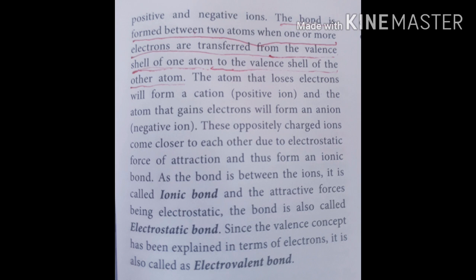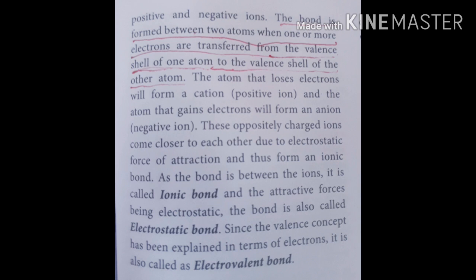So an ionic bond is a chemical bond formed by the electrostatic attraction between positive and negative ions. This bond is formed between two atoms when one or more electrons are transferred from the valence shell of one atom to the valence shell of another atom. Here atom 1 donates an electron and becomes a positive ion.